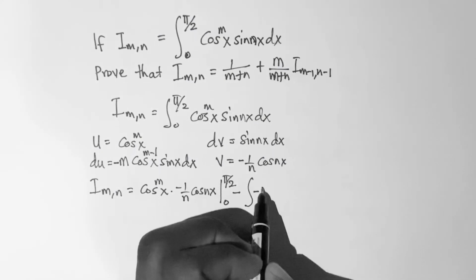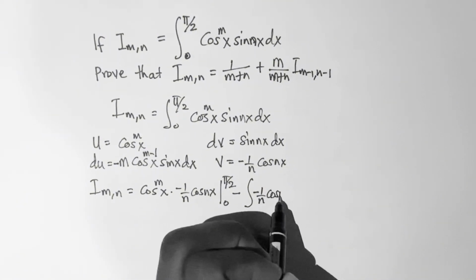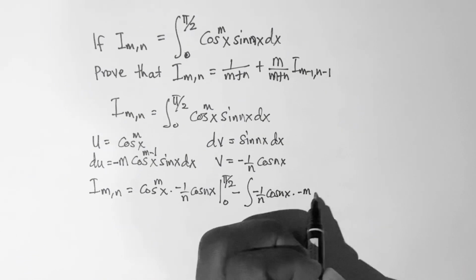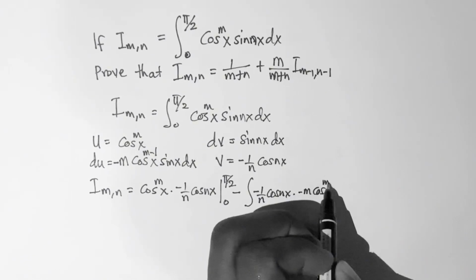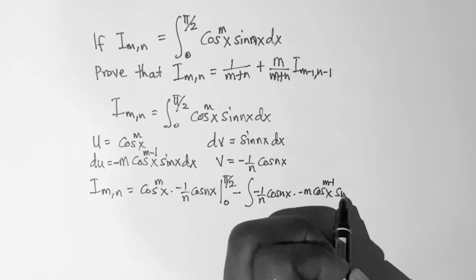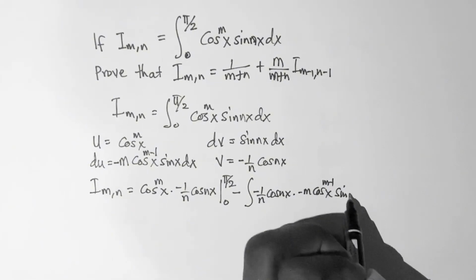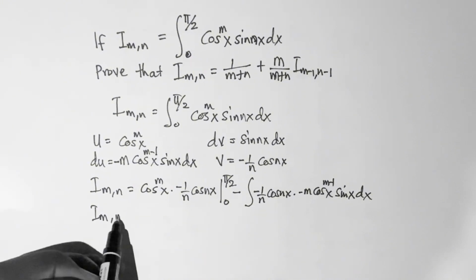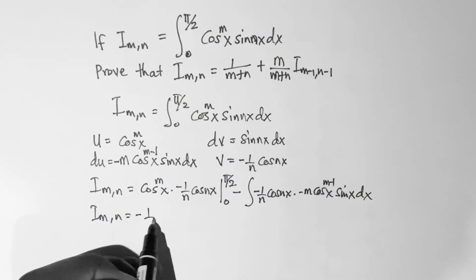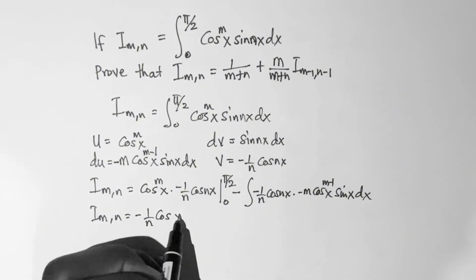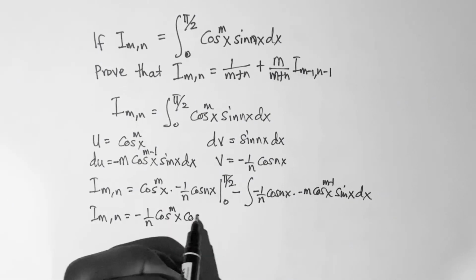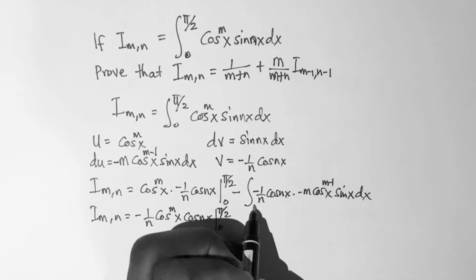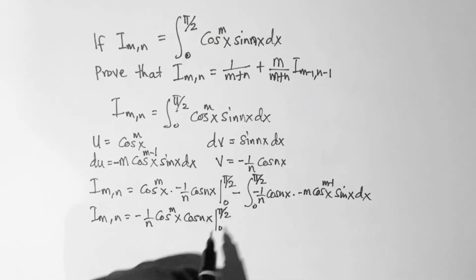V is minus 1 over n cos nx. Then du is minus m cos x exponent m minus 1 sine x dx. So I of mn is equal to minus 1 over n cos x exponent m cos nx, evaluated at 0 and then pi over 2. Sorry, here is also 0 and pi over 2.